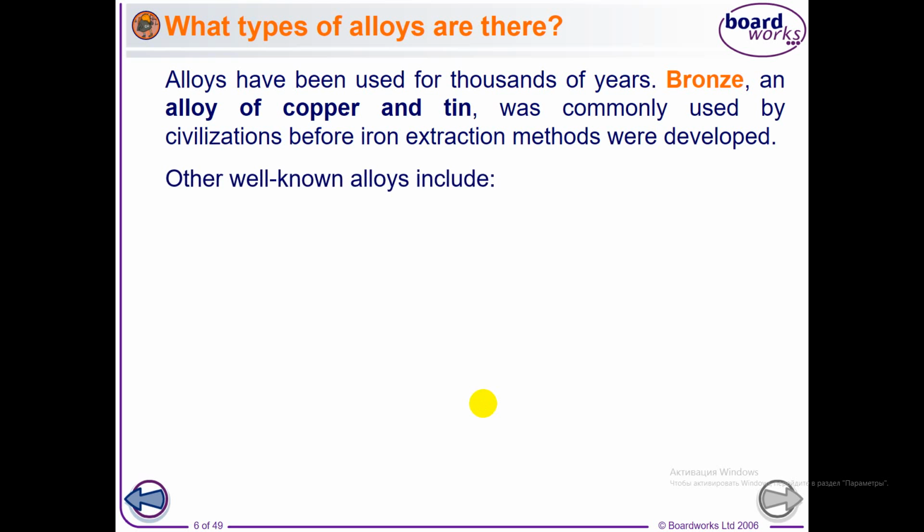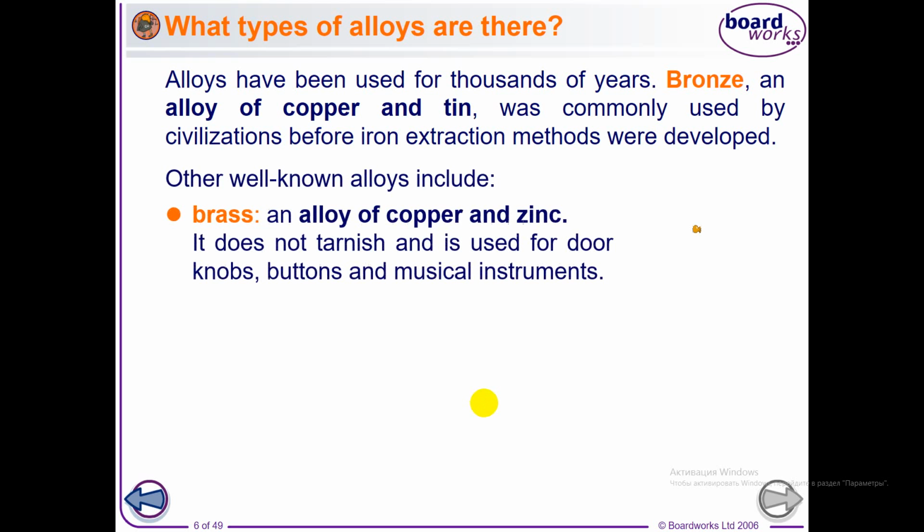Other well-known alloys include brass, an alloy of copper and zinc. It doesn't tarnish and is used for door knobs, buttons, and musical instruments.